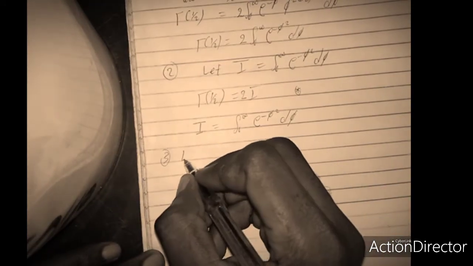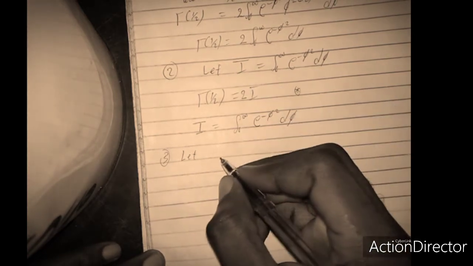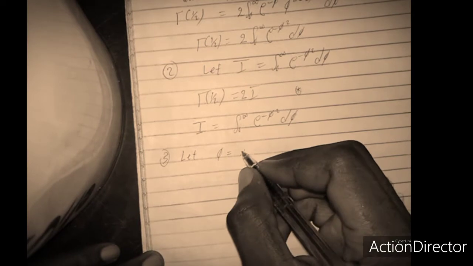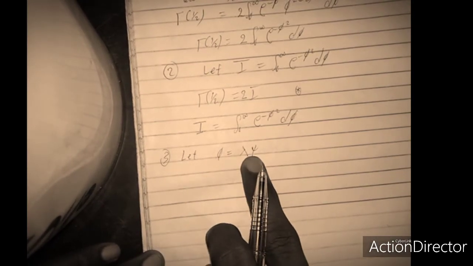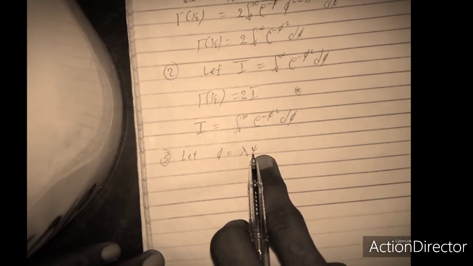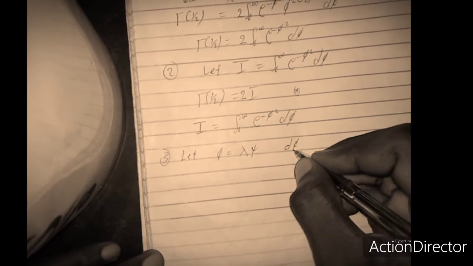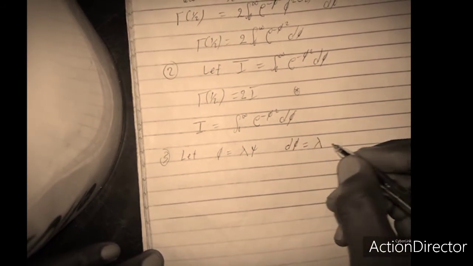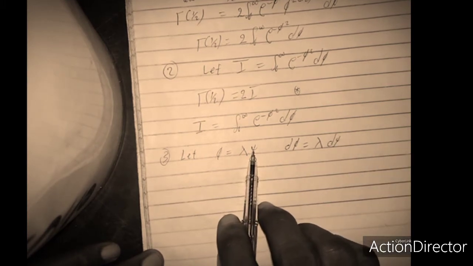So the way it is now, we let the third step. We let my phi be lambda psi. So if phi equals lambda psi, now we are going to differentiate phi with respect to psi, so that d phi will be lambda d psi. That is, I'm differentiating with respect to psi.